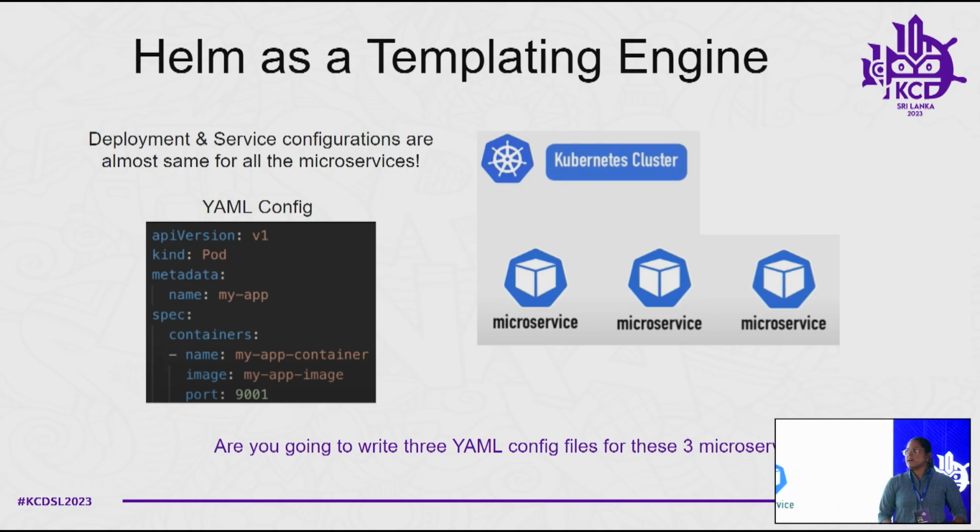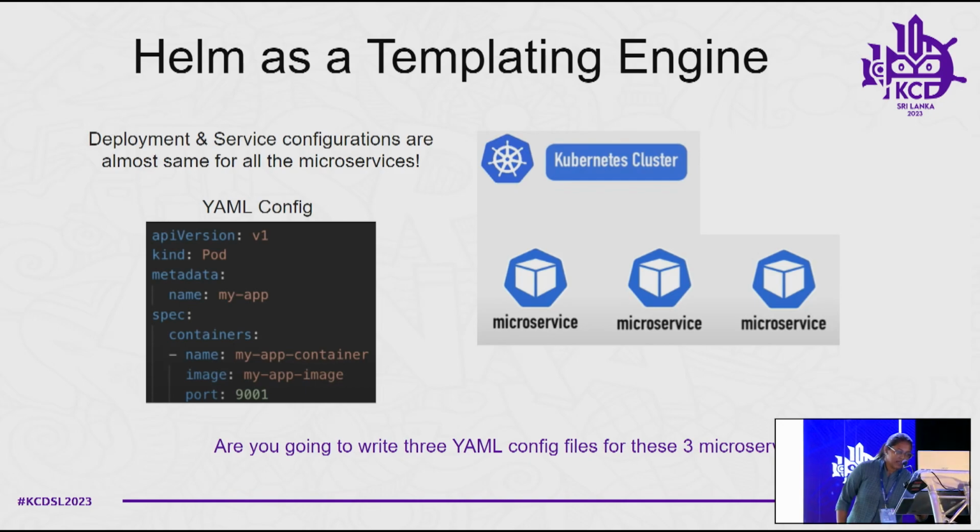So are you going to write three separate YAML files for this? It would be a huge waste, right? Okay, for this scenario we have only three microservices, and it's fine. But imagine you have 20 microservices. The template is the same, but you're repeating the same thing, just with different values. So we can remove that with Helm.